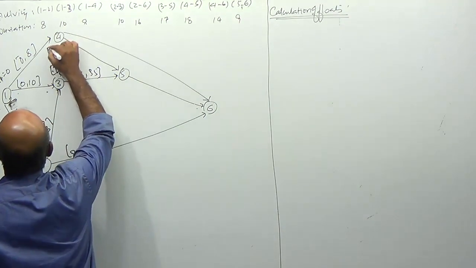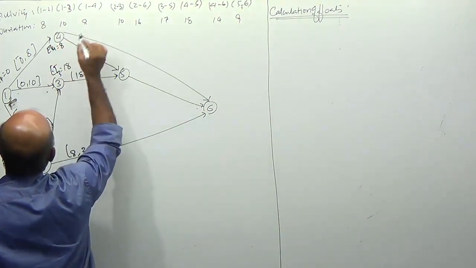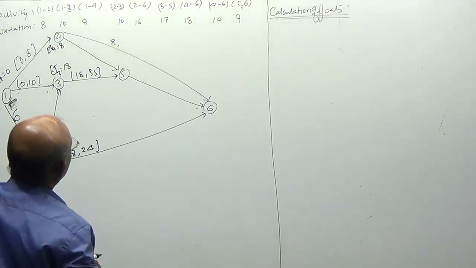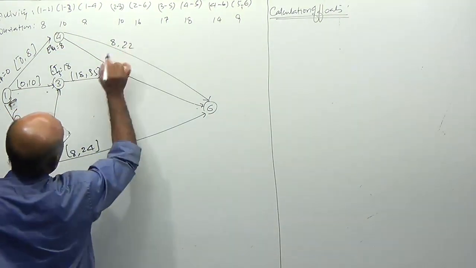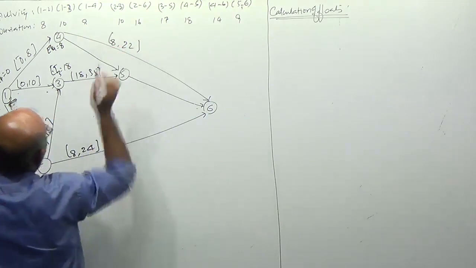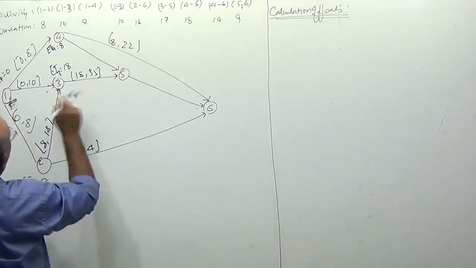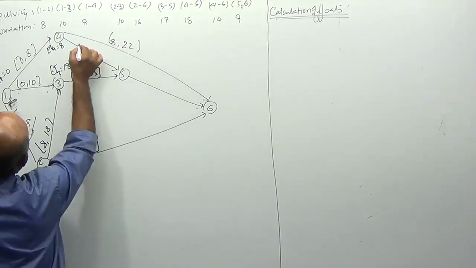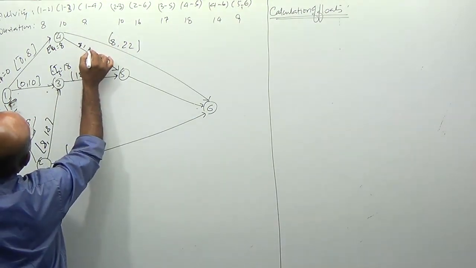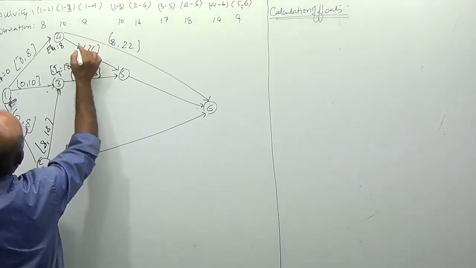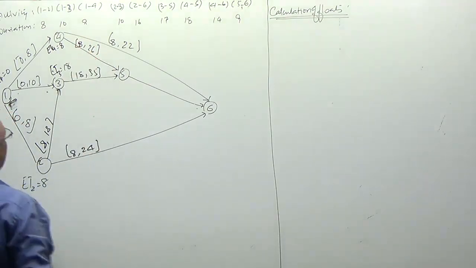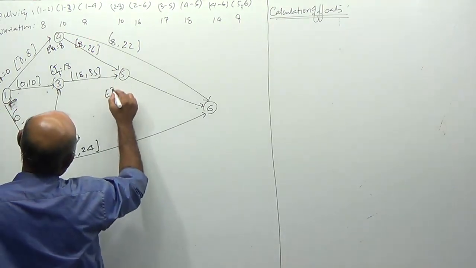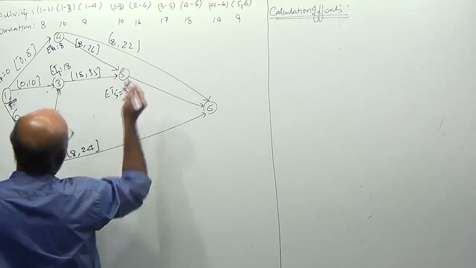Earliest timing of 4 is equal to 8. 4-6 will take 14 days, 14 plus 8, 22. 4-5 will take 18 days, 8 plus 18 is 26. 26 and 35, maximum is equal to 35.